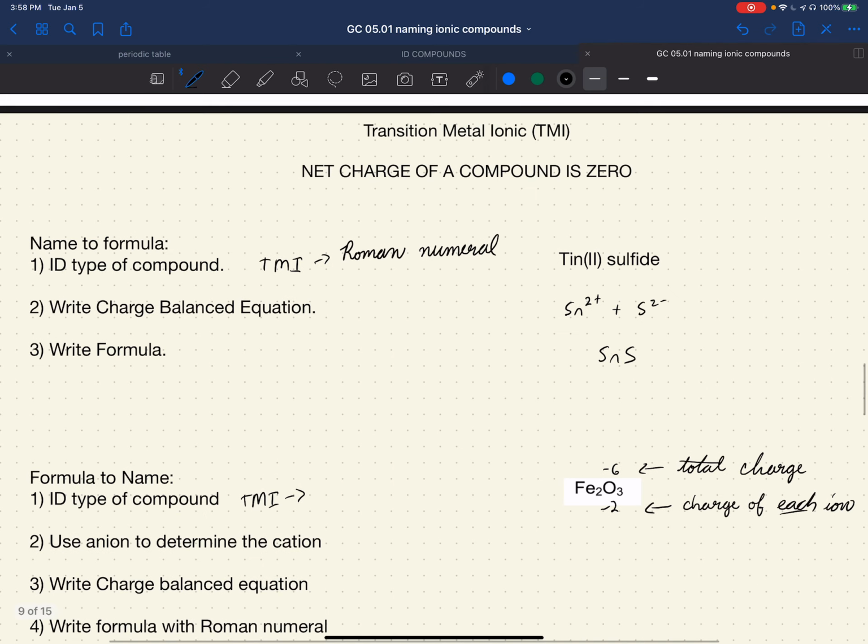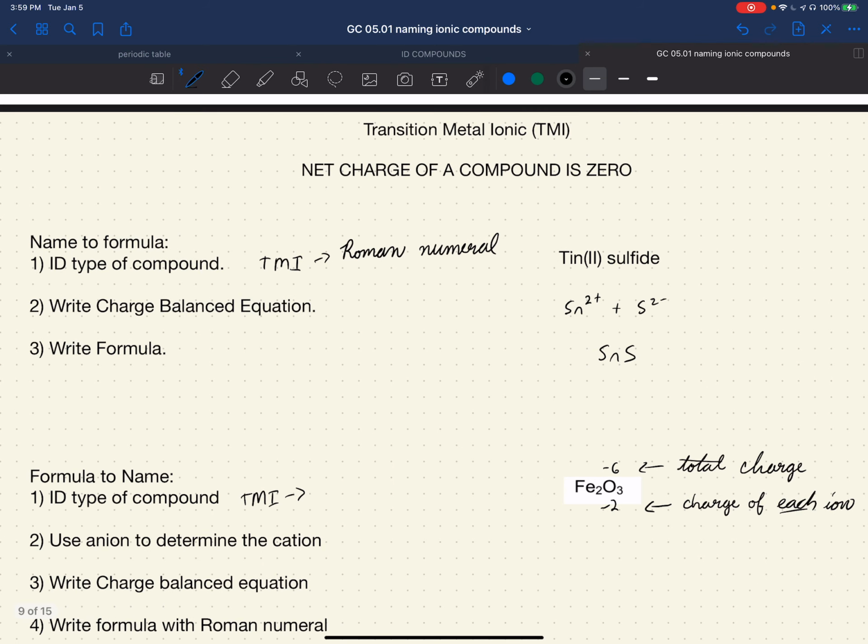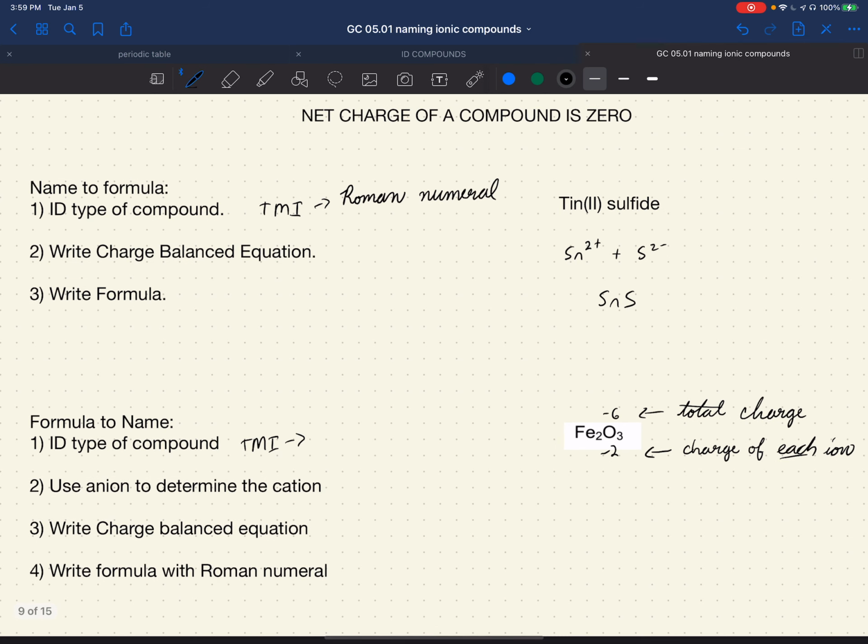Okay, now the net charge of a compound is 0. So if the net charge of a compound is 0 and I have a -6 charge, I have to also have a +6 charge. Okay, so now I've got 2 irons in order to get to a +6 charge. So I can kind of think of that as division, right? +6 divided by 2 means that each iron here has a charge of +3.